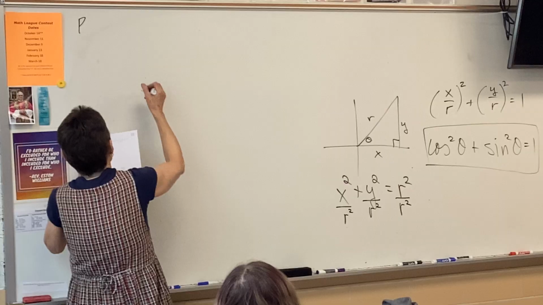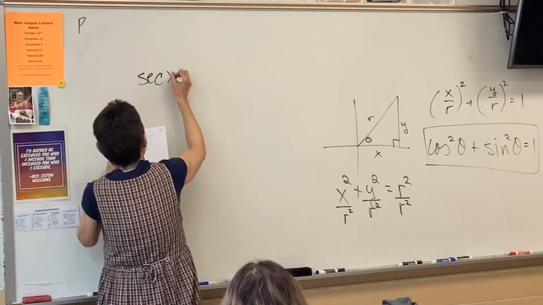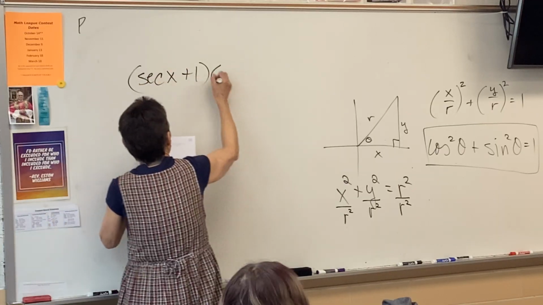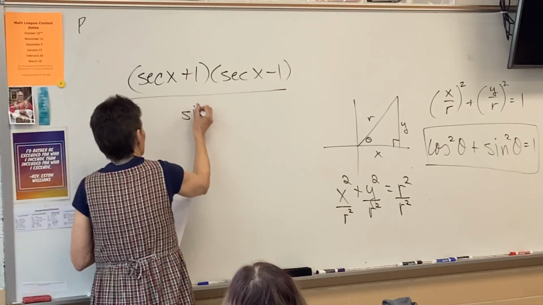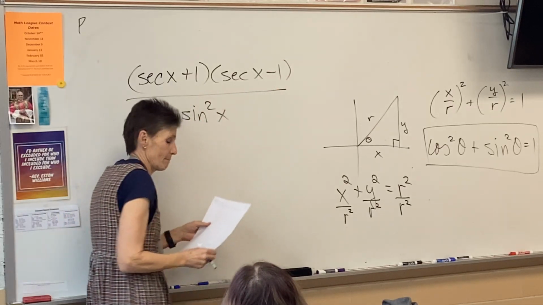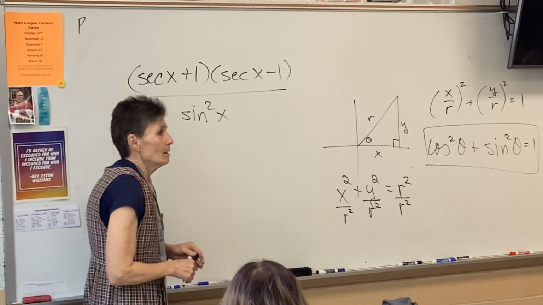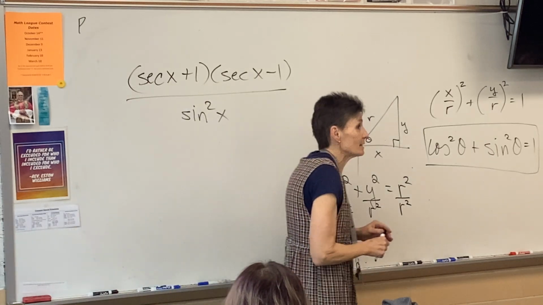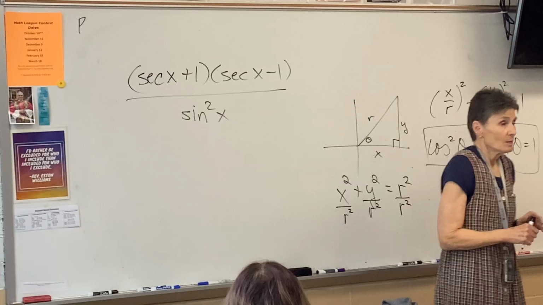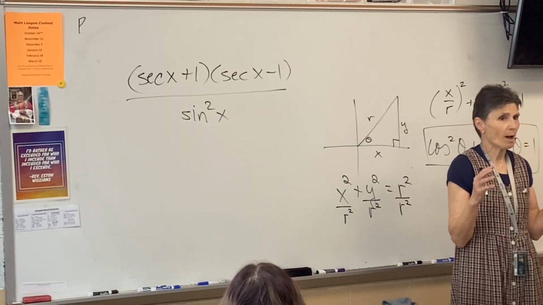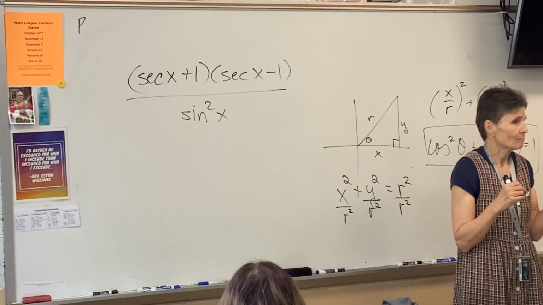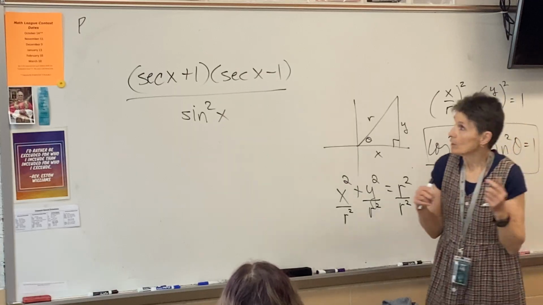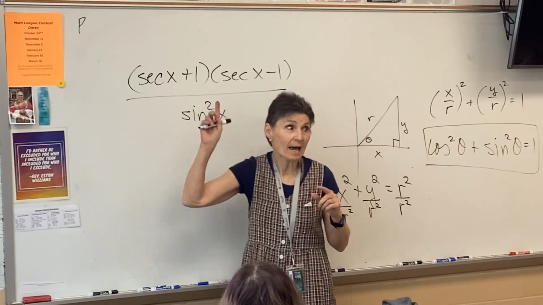All right. Number 2. Your job is to simplify. So just kind of look at this problem. What is something you could do? Did you cancel? No, these are being multiplied, not added.